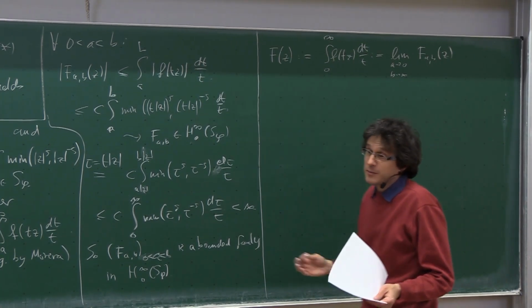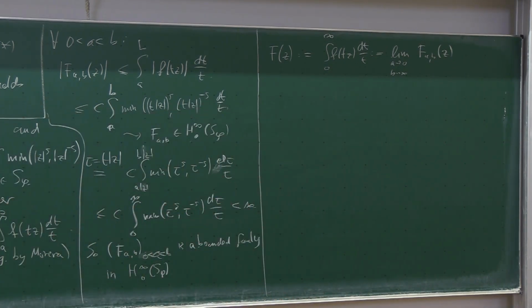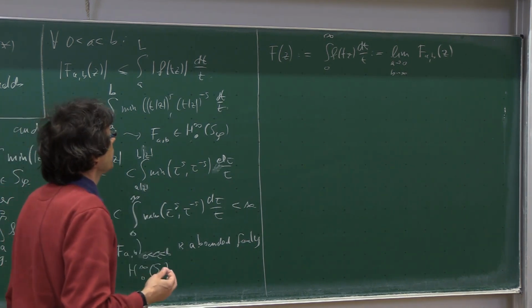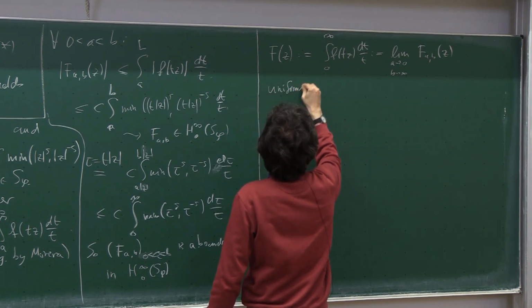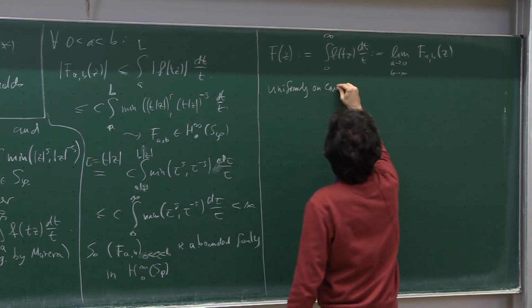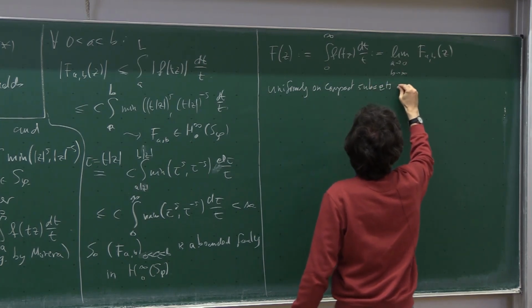And this is possible for every compact subset of the sector. So in a pointwise sense, you get it on the whole sector, and you get a uniform convergence on compact subsets of the sector.